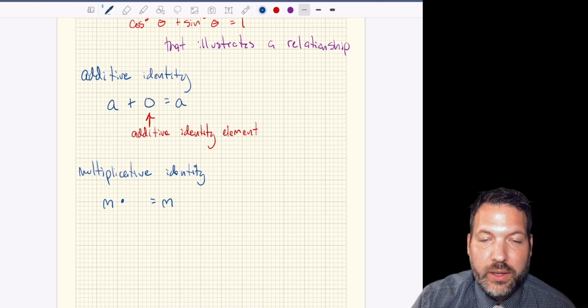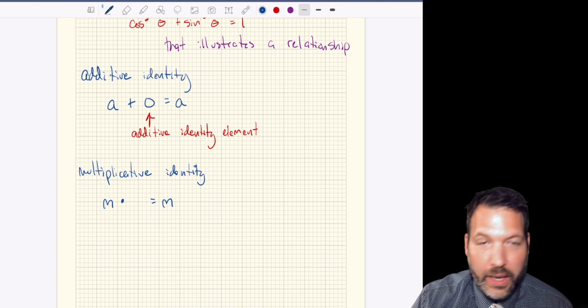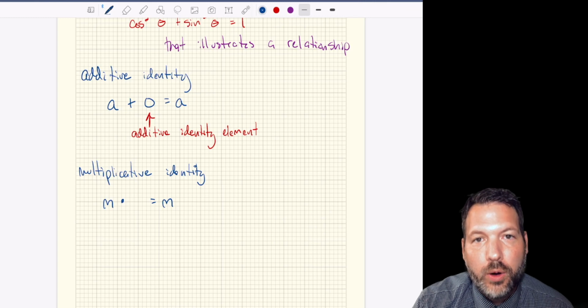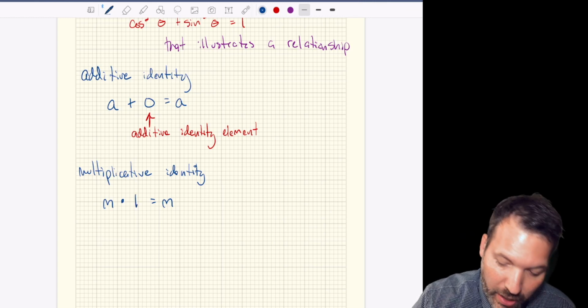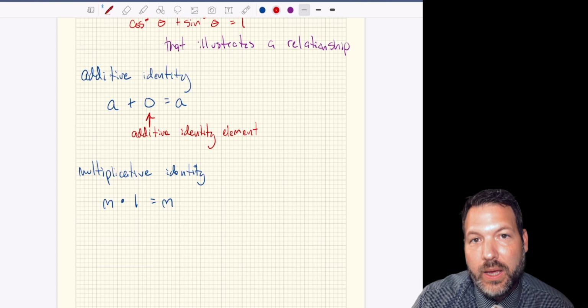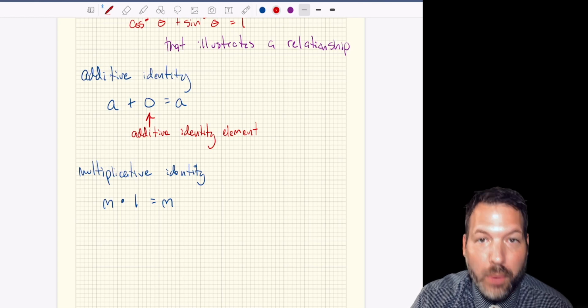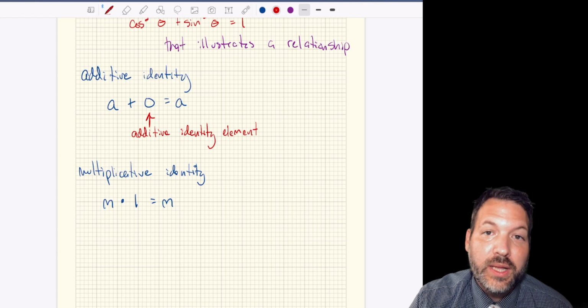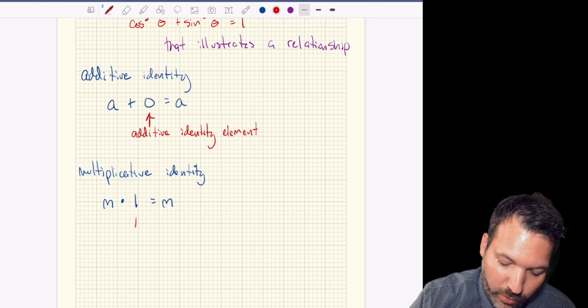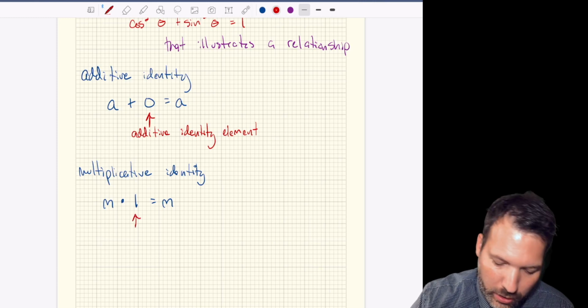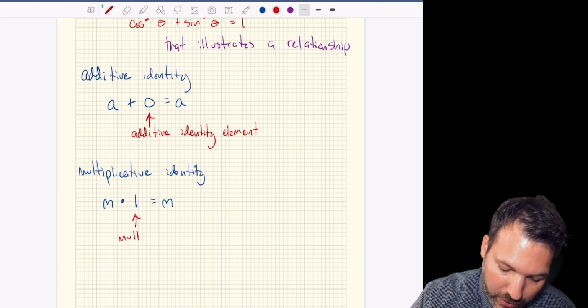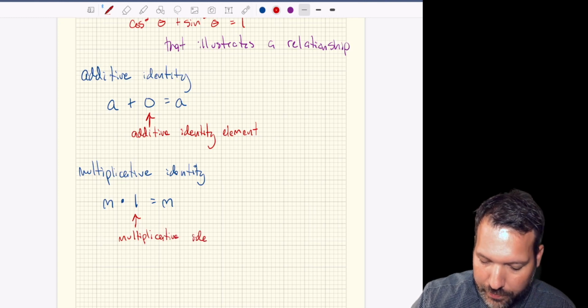It doesn't change anything. What value is that? Again, I'm sure you're screaming uncontrollably at home, 1, right? m times 1 equals m. So under multiplication, we can use the operation multiply by something such that it leaves the original thing we started with alone. And so we would call that element 1 the multiplicative identity element.